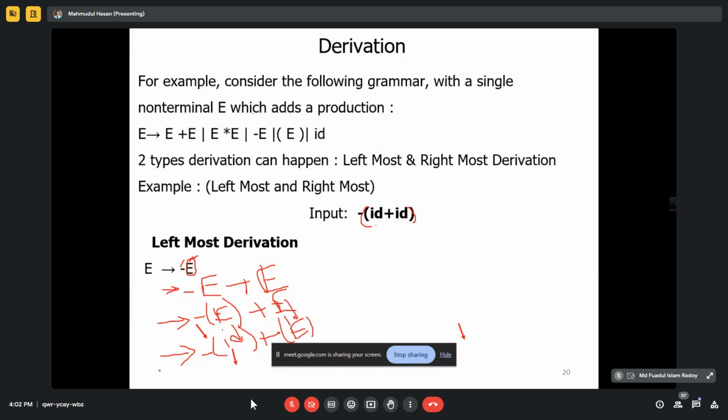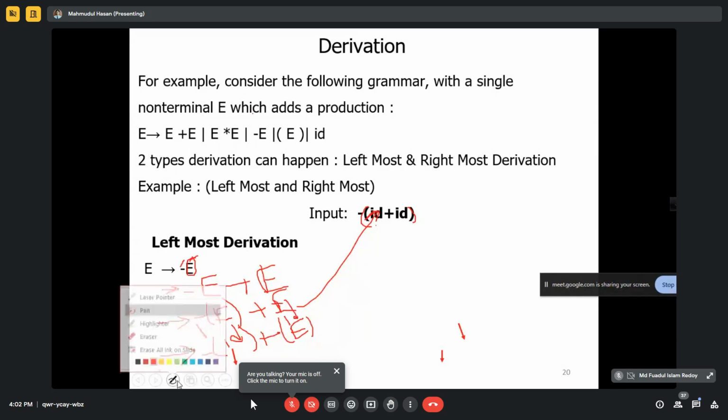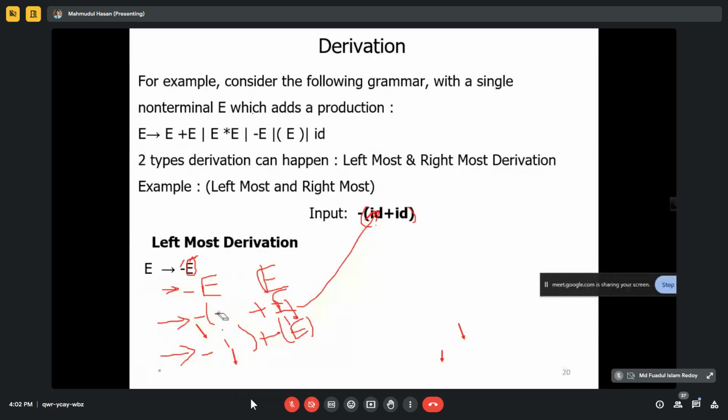So this is not our expected input, so your choosing is actually wrong. Got it? If you choose the production rule wrongly, it is not able to generate the expected string.